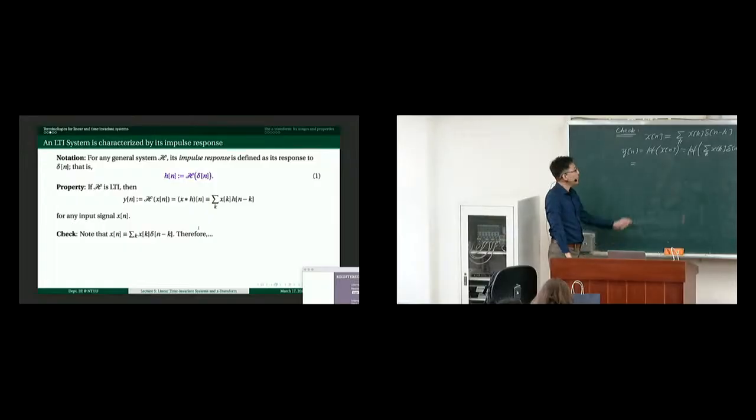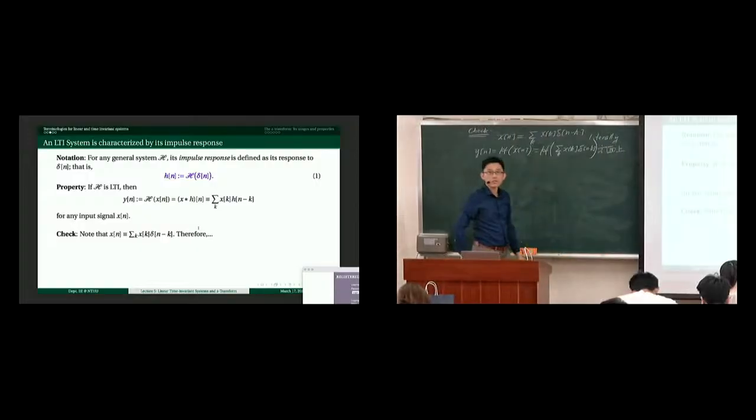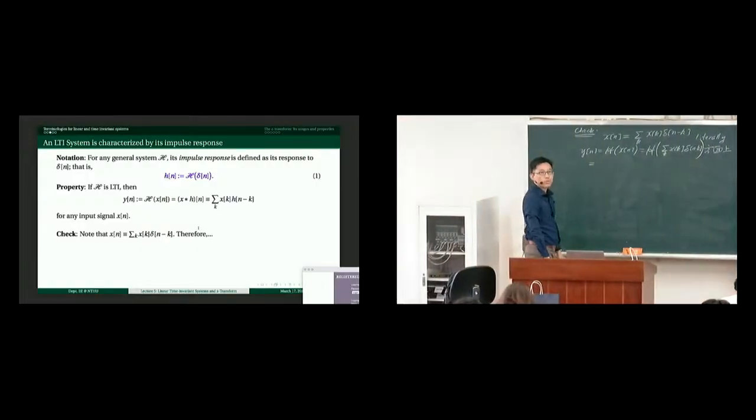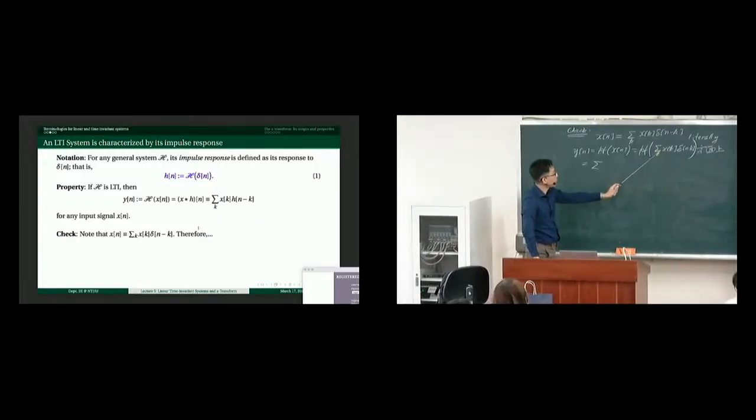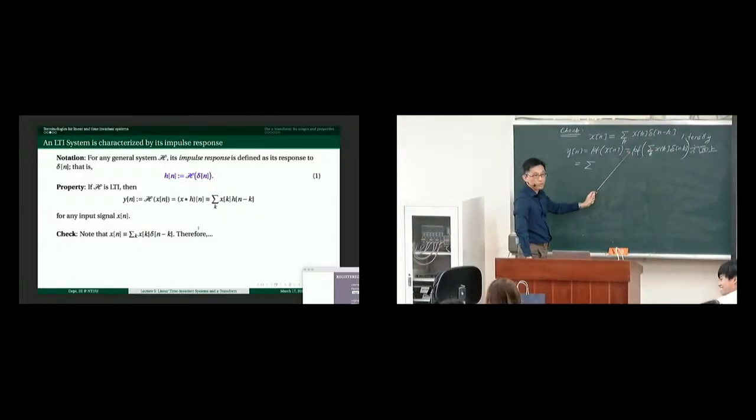What's the next step? If H is both linear and time invariant, which property may we apply first to move on? Do we apply linearity first or time invariance first? There's a summation, so maybe we try linearity. Because H is linear, we can move H to the inside of the summation, or equivalently pull the summation to the outside.